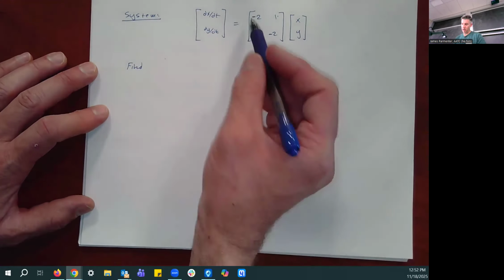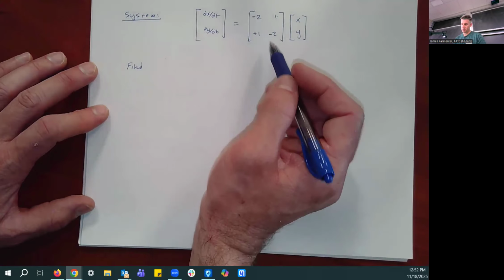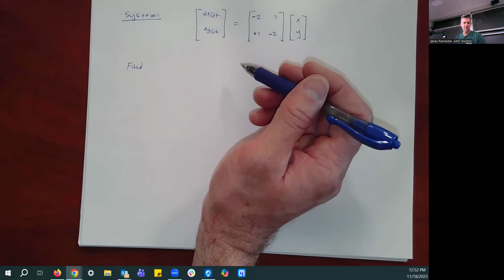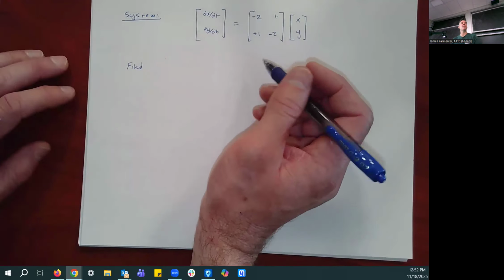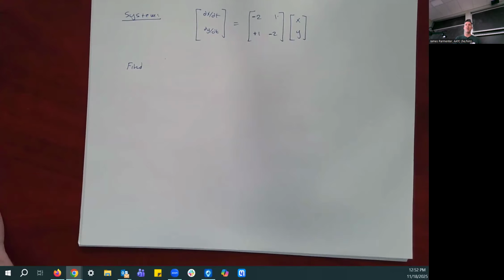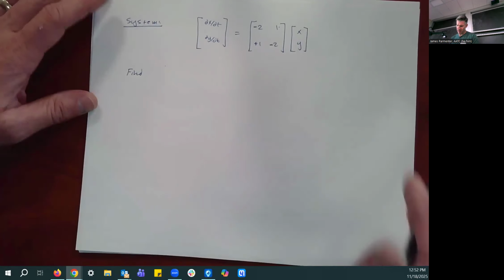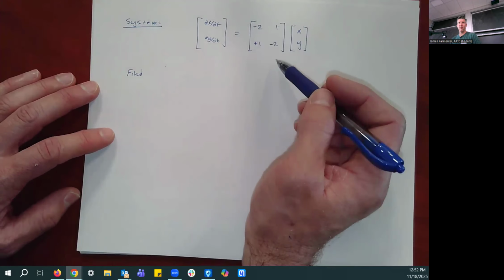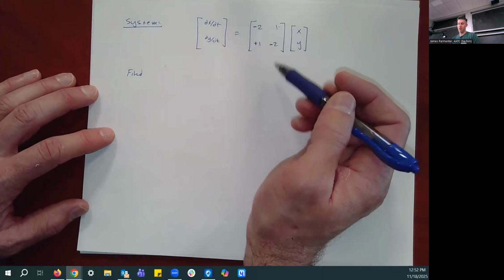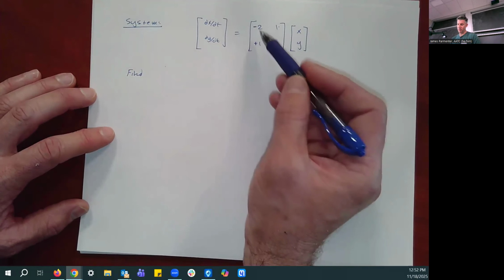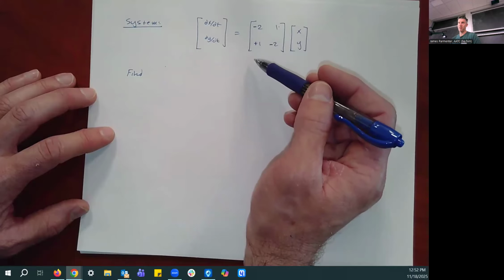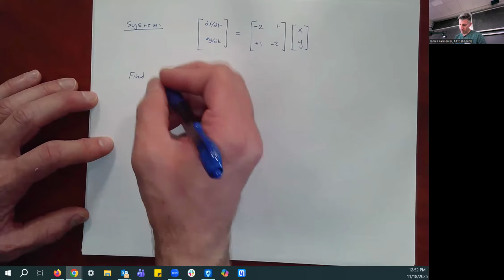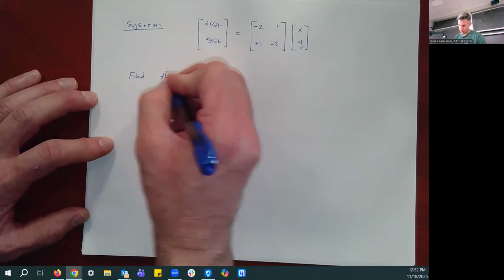Now let me double check that. Sorry, I'm trying to make sure it's not one where you have a negative discriminant. And your trace here is negative 4, and your determinant would be 4 minus 1, which is 3. That should be fine. Okay, cool. So find the general solution.